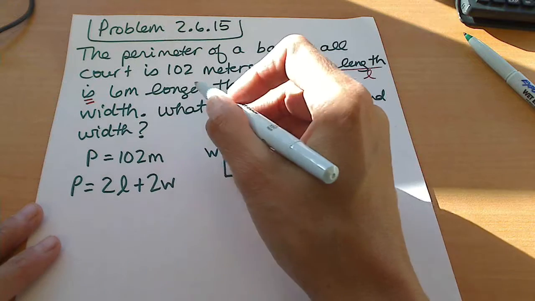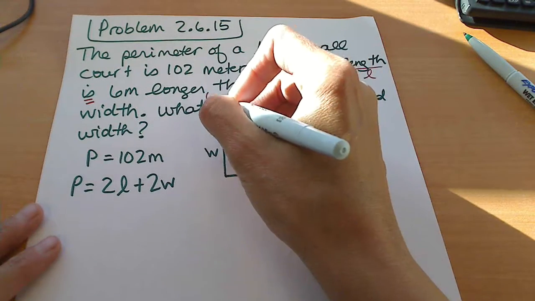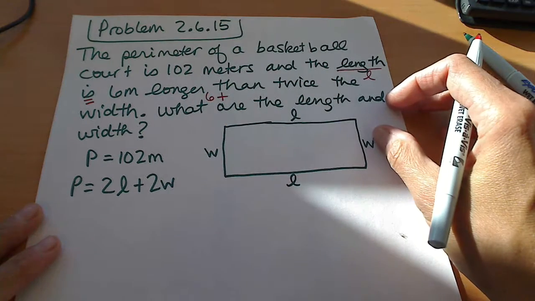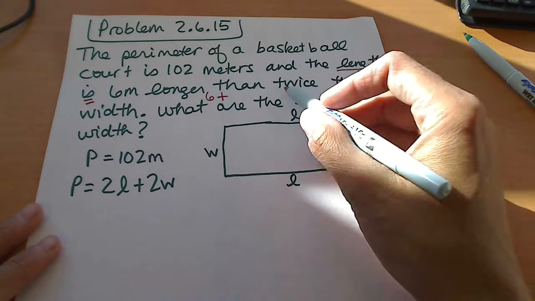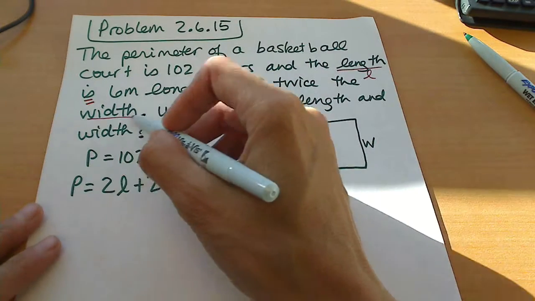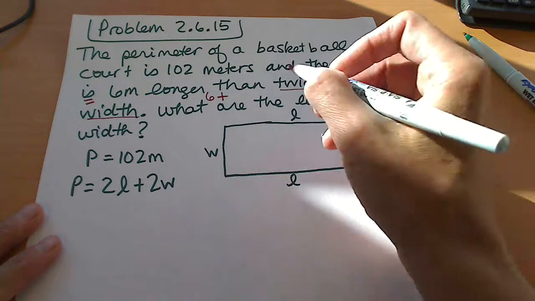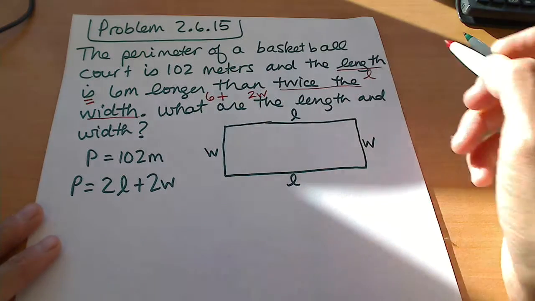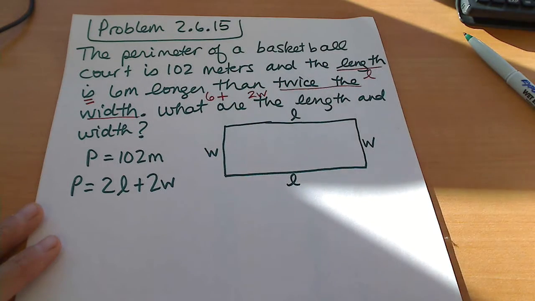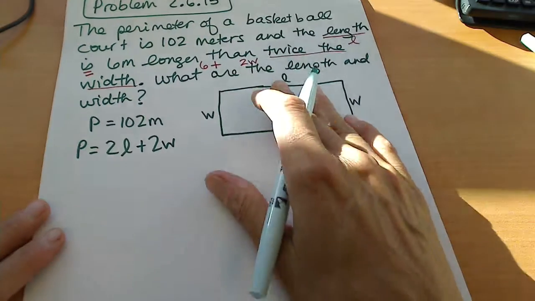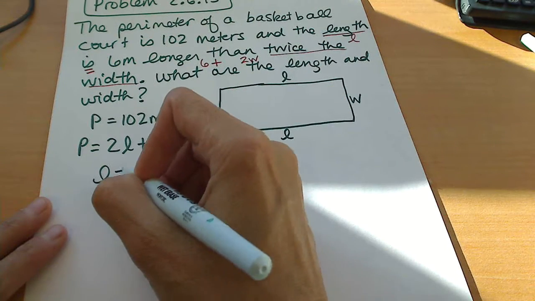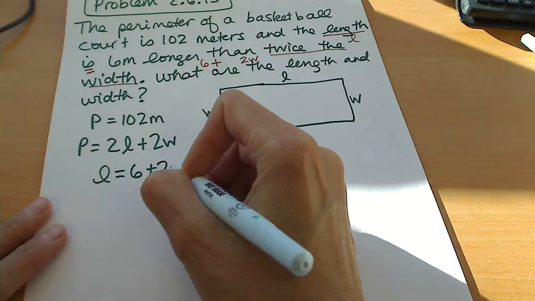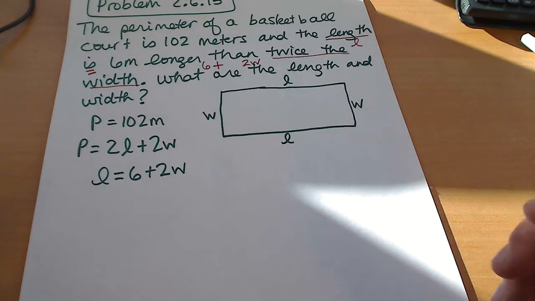And then we have 6 meters longer than. So 6 longer than could be represented as a 6 plus. And twice the width, if you take twice something, you're multiplying it by 2. So twice the width would be 2W. Okay. So our second equation here would look like this. Length is equal to 6 plus 2W.